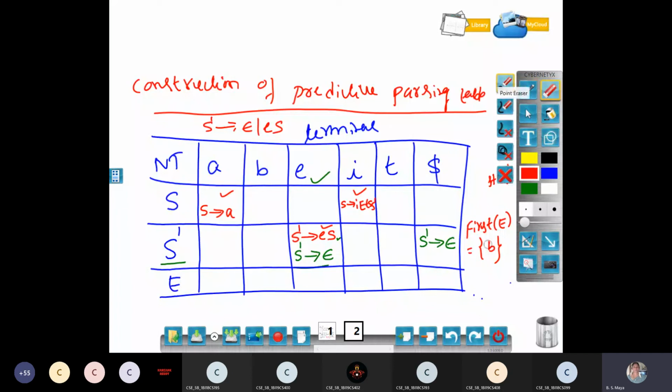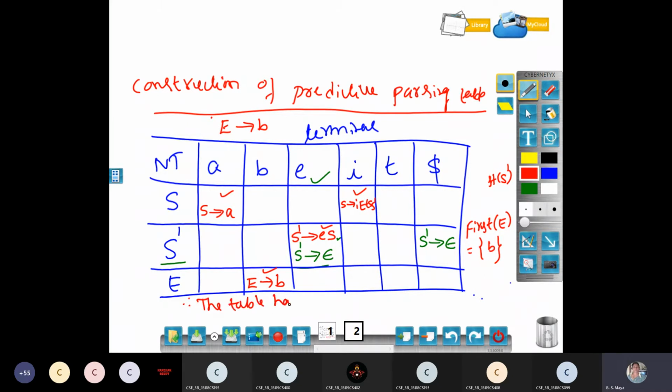The production of E is E derives B. Then I have to enter E derives B in the space of B. You can write E derives B. See now, there is no epsilon in E, so no need to look at follow of E.